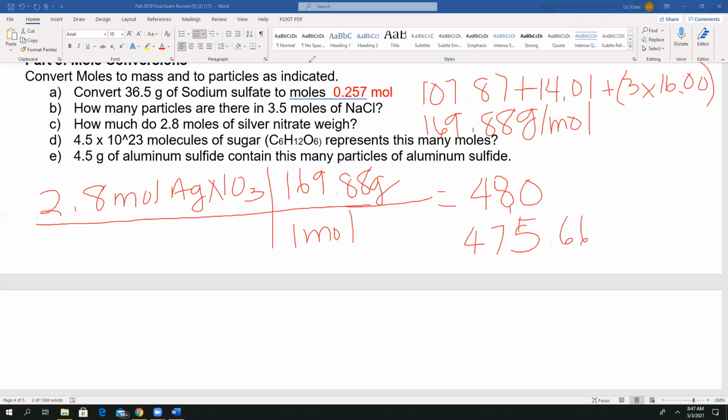Sig figs wise, we have to cut it at 2, right? Remember how we do that. We cut it at 2, but then this is large enough to make that go to 8. And then we just need 480 grams of AgNO3. So the answer here, we need to type it in, is 480 grams with sig figs.